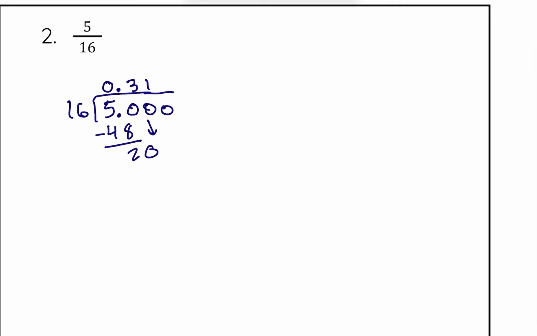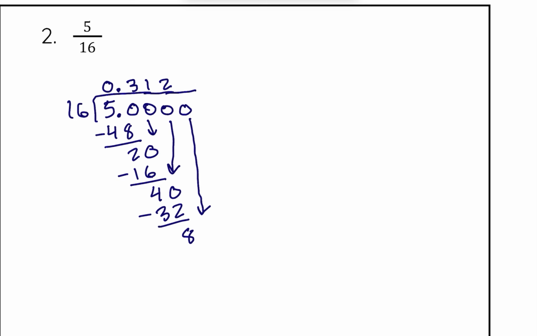16 goes into 20 one time. 1 times 16 is 16. Subtract, you get 4. Bring down the next 0. 16 goes into 40. It'll be 2 times. 2 times 16 is 32. Subtract, get 8. So we do need to add another 0. Bring it down. 16 goes into 80.